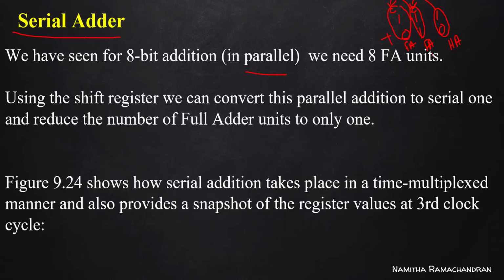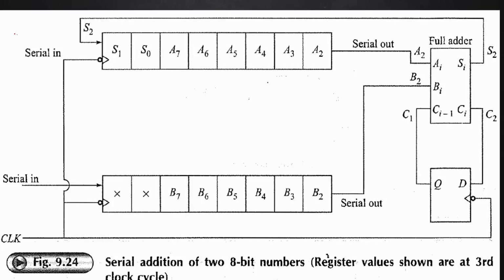Because these full adders and half adder circuits are expensive, performing this parallel addition needs n different full adders and half adders. Right? So in order to make our circuit less expensive, we can go for serial adder addition. How is this possible? So this is the case.